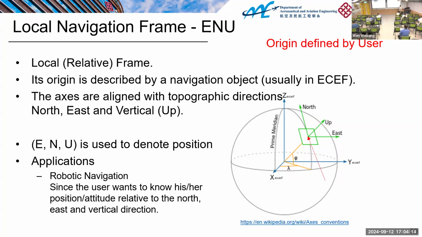ENU is used to denote the position because, if I fly a drone, usually I care about how far the drone has moved in the east, north, or up direction. I don't care how far it has moved with respect to the center of the Earth, because that doesn't mean anything physically. So this is the purpose of the ENU. For example, robotic navigation usually uses this.